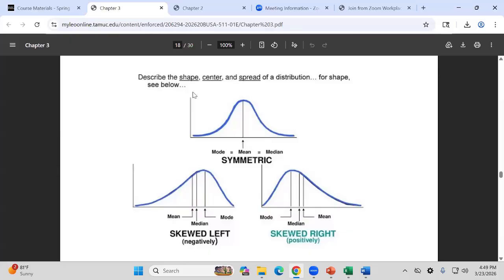Remember that. Later, I will talk about central limit theorem, of course. But at this moment, I want you to keep remembering the symmetric bell shape. This is called a normal distribution.